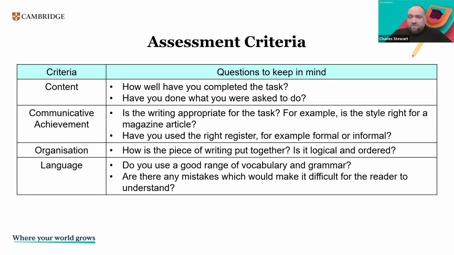Therefore, you should have all of these levels demonstrated in your piece of writing. And in doing so, are there any mistakes that are repeated or mistakes that make it difficult to understand as the reader? If you make an occasional mistake, it will not affect your score much, if at all.